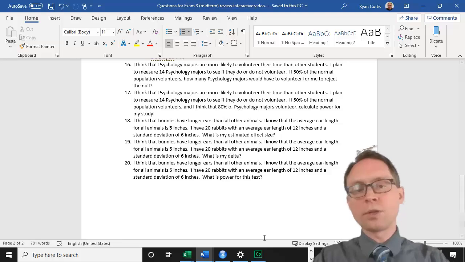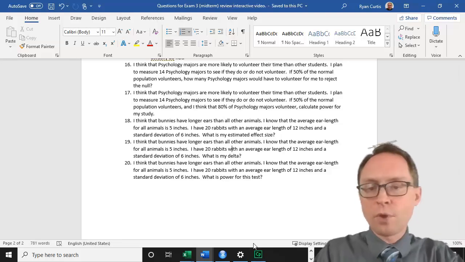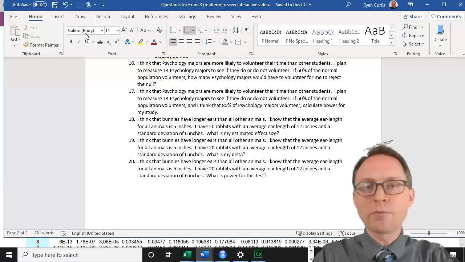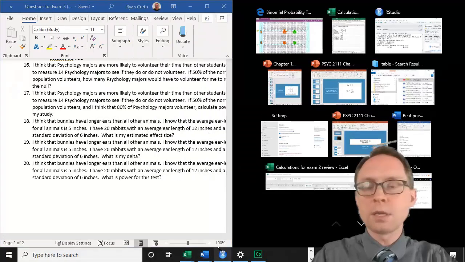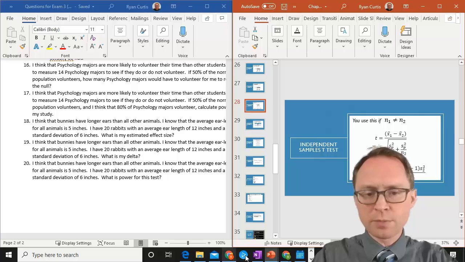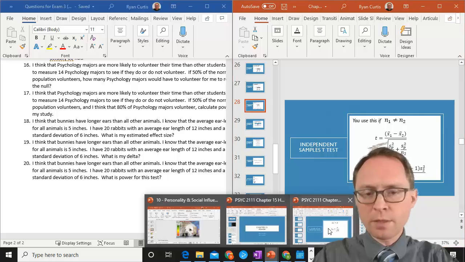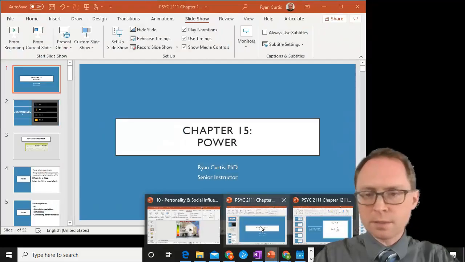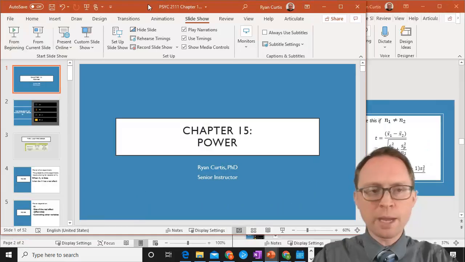So in order to do this, let's show you the formula one more time so that we can get all the information that we need. I'm going to stick this on the side so I can see my values. Is this what I want? Nope, that's my independent samples. So let's pull up my other one, which is power.